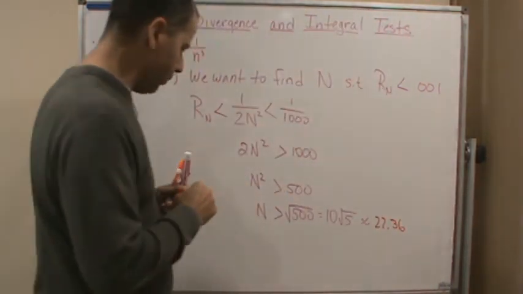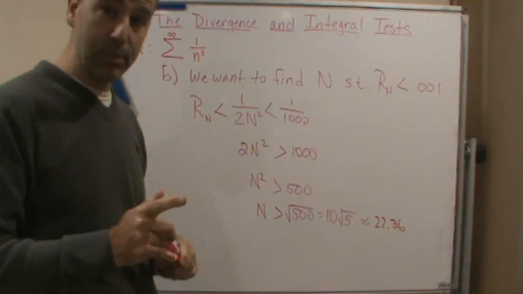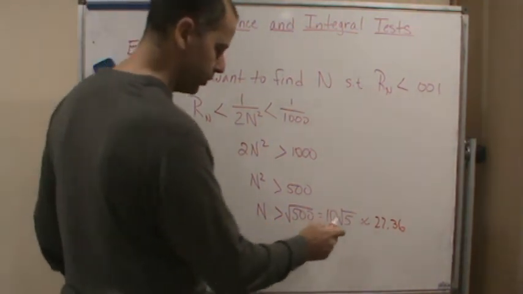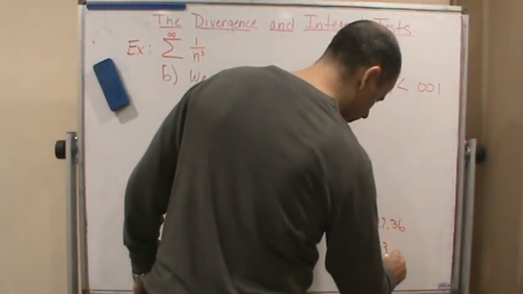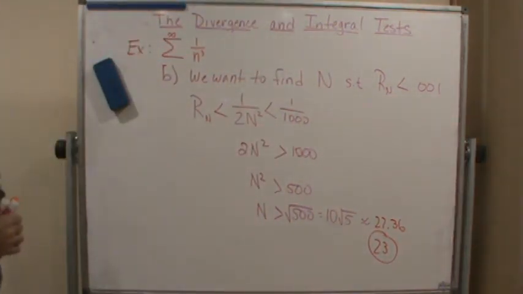But now what it says is N has to be bigger than that. So what's the minimum integer that's bigger than that? Well, 23. So N has to equal at least 23. And that's it.